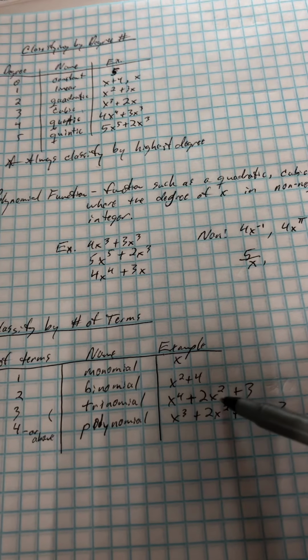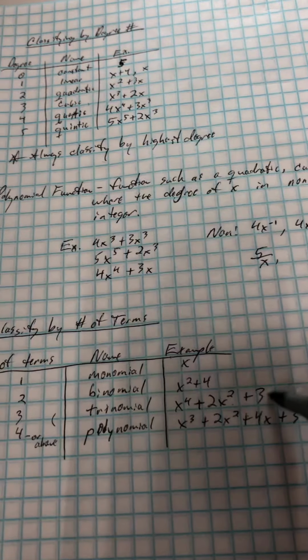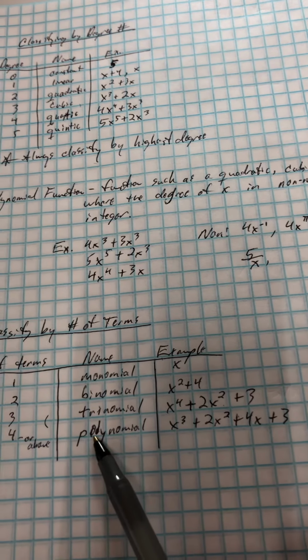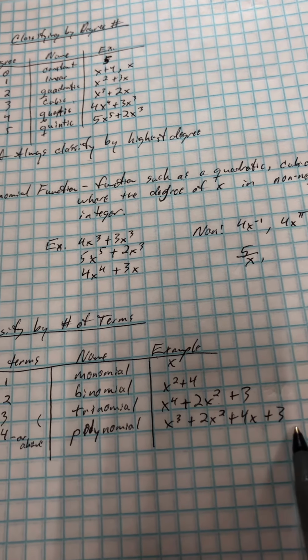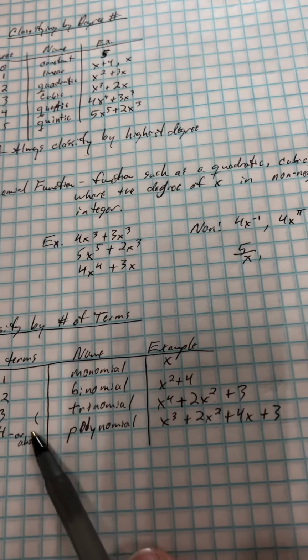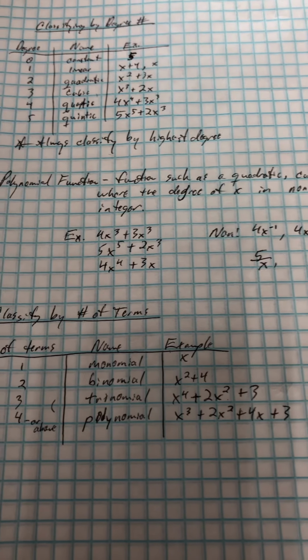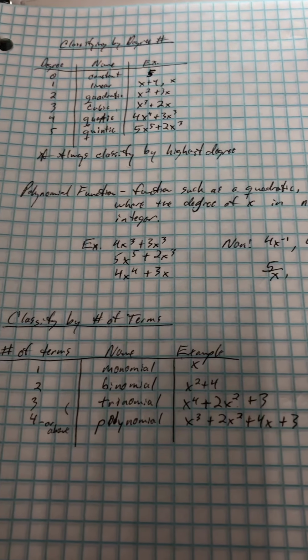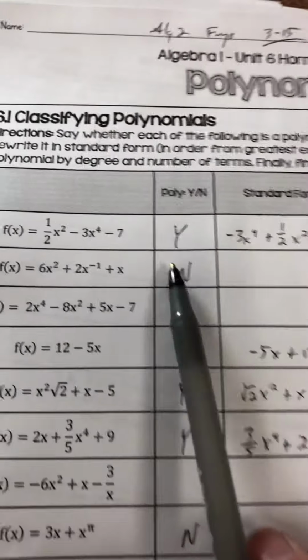That would be like a +0, but it would be a trinomial because there's going to be a constant with that. When you have 4 or above in the number of terms in that expression, it's a polynomial.